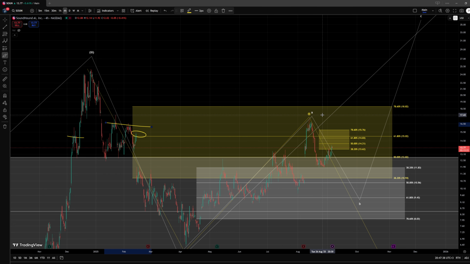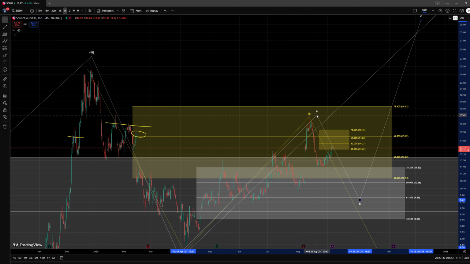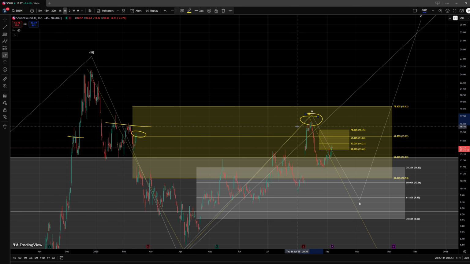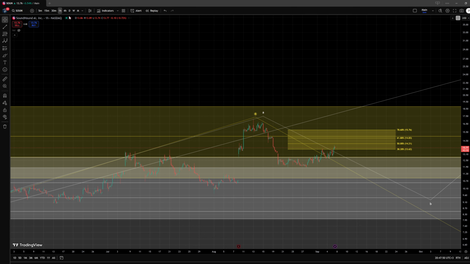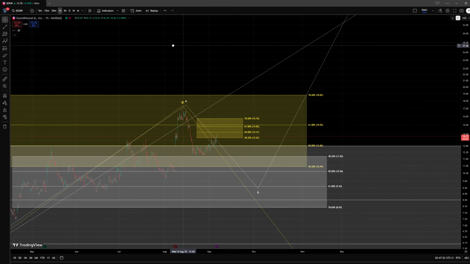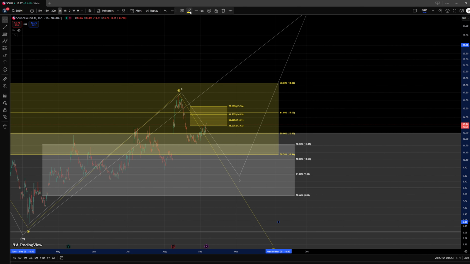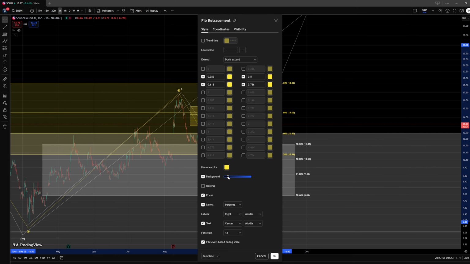But I find it very difficult to break this previous top that formed in this area, and we will track that very closely, of course, but we need to have the mindset prepared.